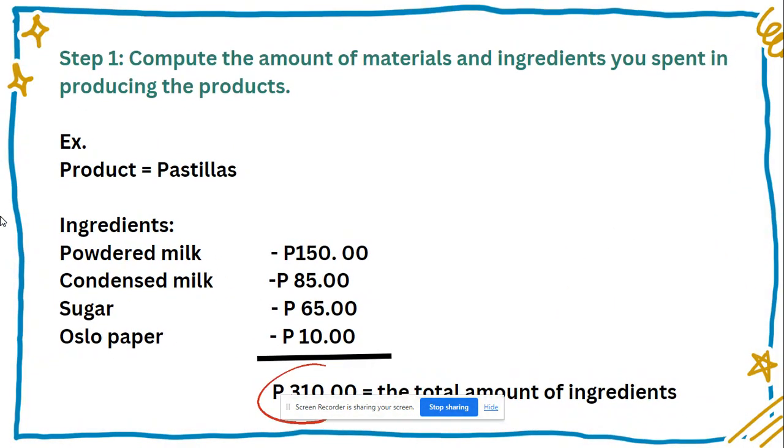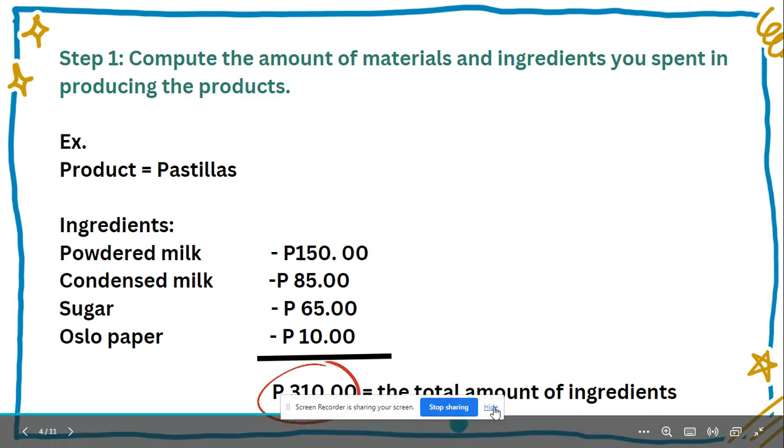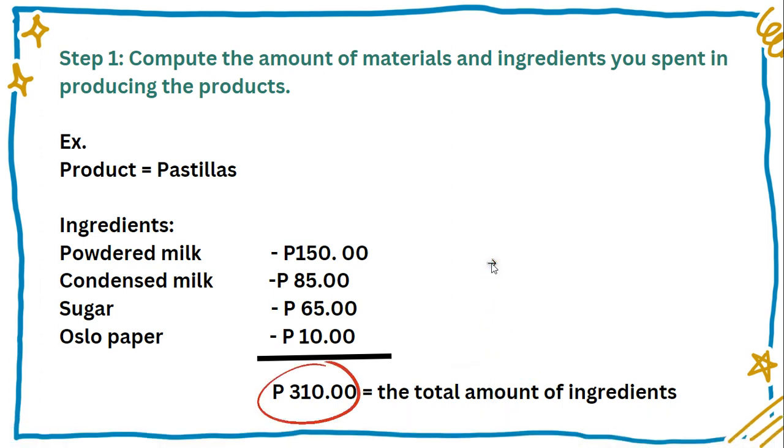The first step in computing costing, for step one, compute the amount of materials and ingredients you spend in producing the product. Our product sample here is pastillas.